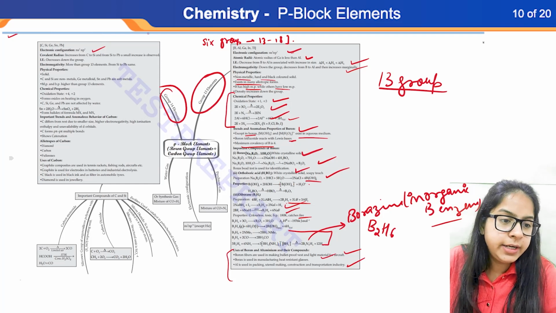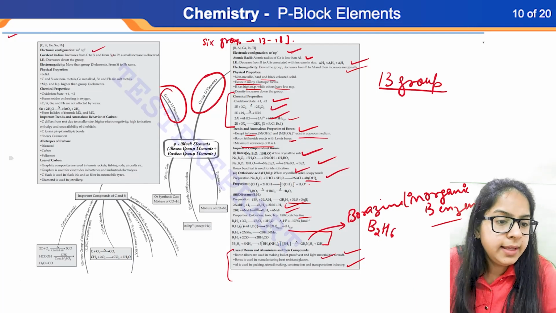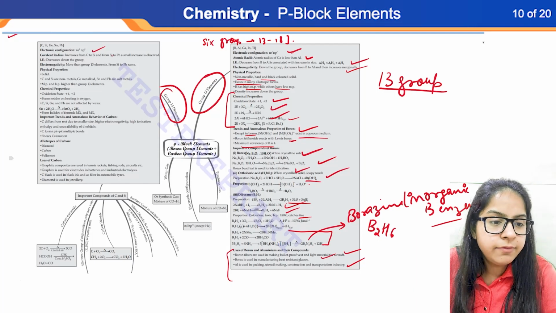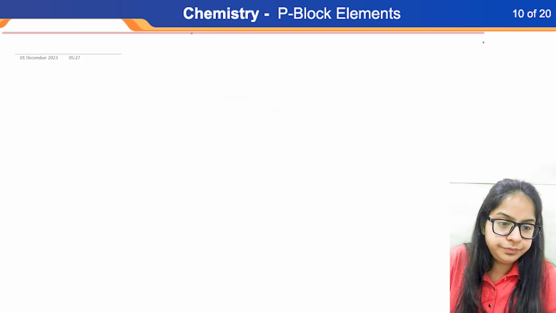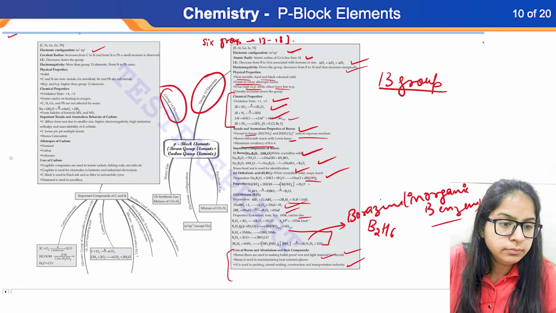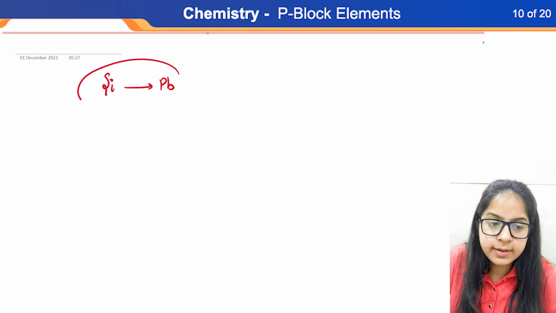Now the covalent radius for this group increases from carbon to silicon, and from silicon to lead a small increase is observed. Why is there a small increase from silicon to lead?